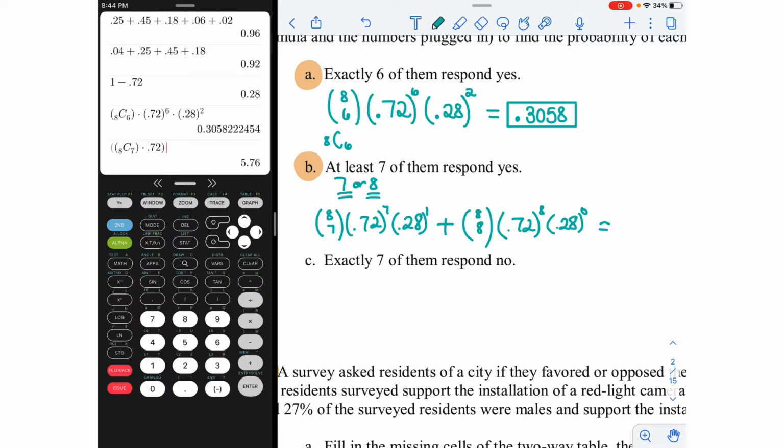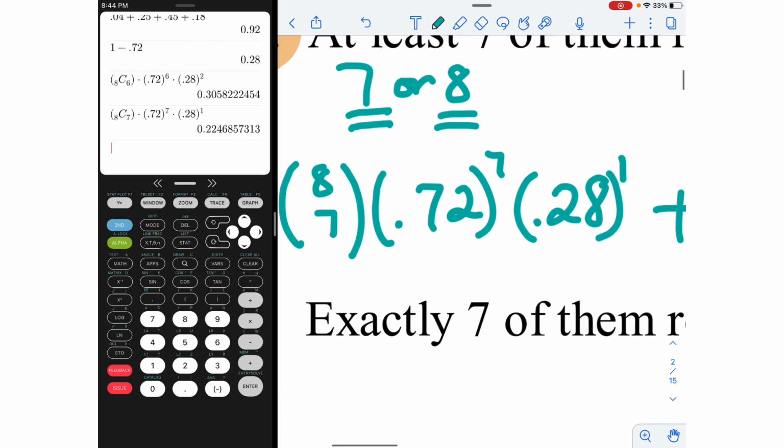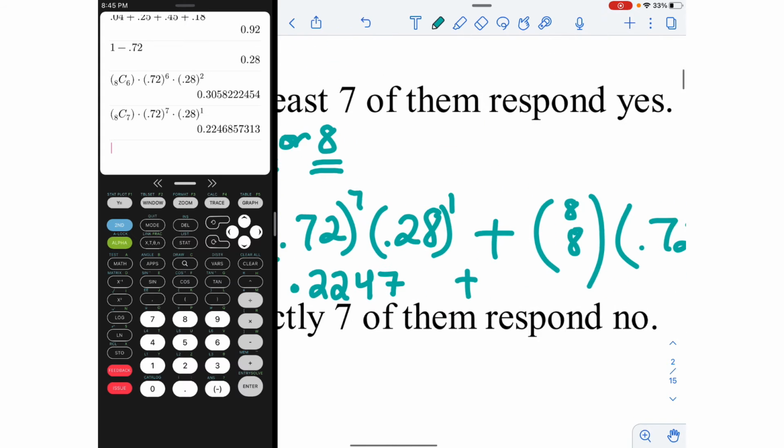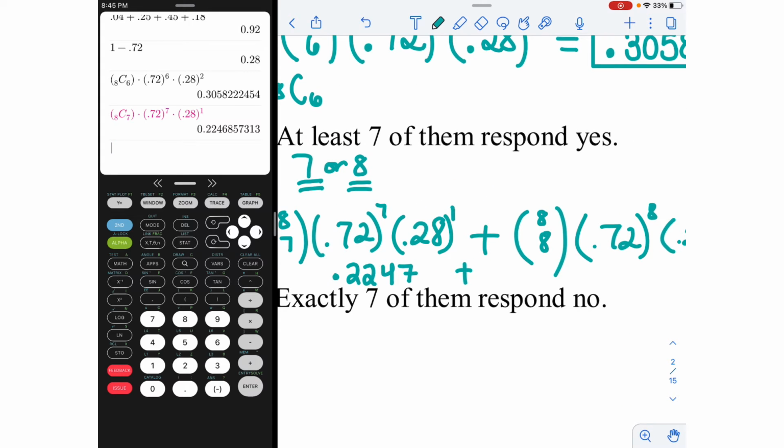Uh-oh, forgot parentheses. Let's do that. 0.72 to the 7th times parentheses 0.28 to the 1st. That's just the first part. 0.2247 plus, I'm actually just going to make my life a little easier here and copy paste and just change some numbers.